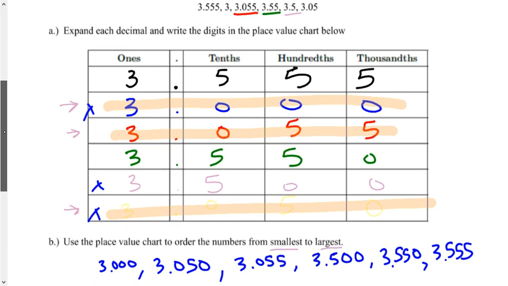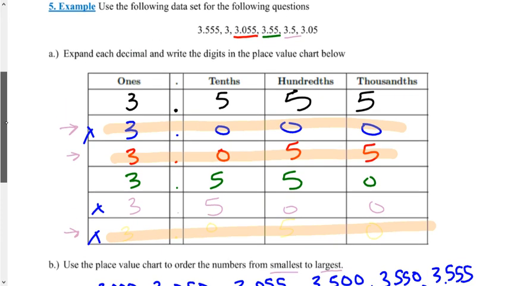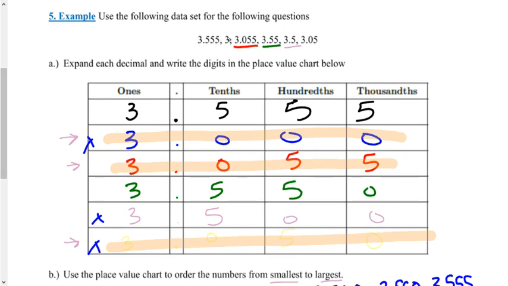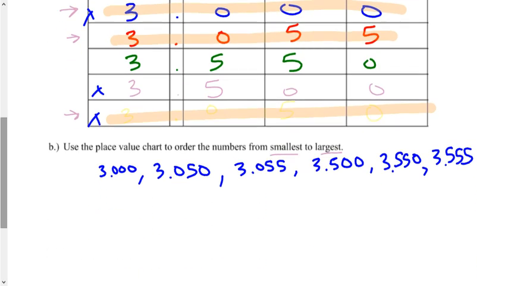Okay. Now, we don't want to put the actual zeros in the answer though, right? We can see that none of these should have zeros on the back end of the decimal. So you can think about scratching some of these out. We'll use 3 first, and then we don't need these zeros, so we'll have 3.05.